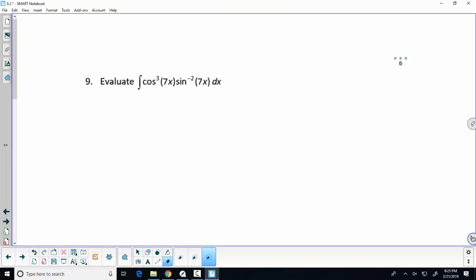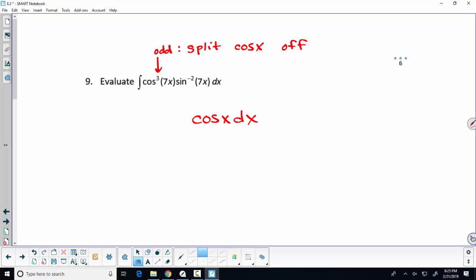We might could try that, but notice cosine is odd. So since cosine's odd, we'll just split that off. Put that with a differential.